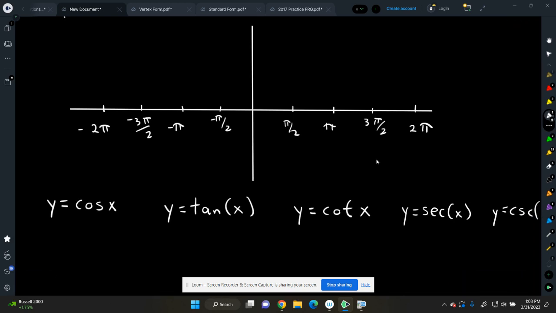Everybody got that? Pay attention to the asymptotes. Pay attention to where it's undefined. Pay attention to where it equals 0, which means it crosses the x-axis.